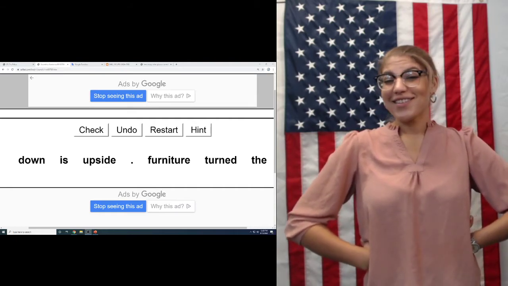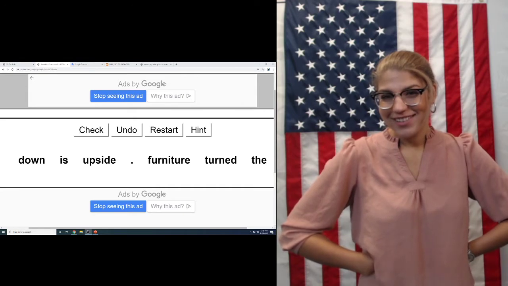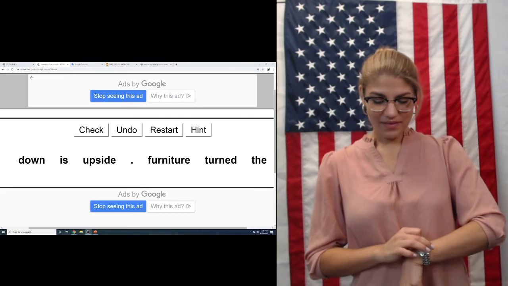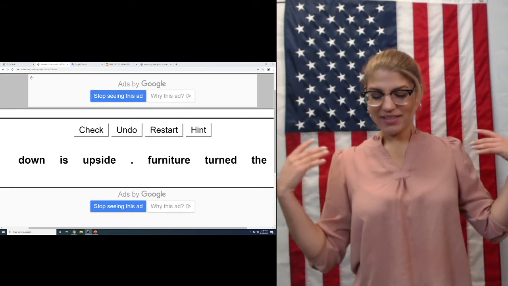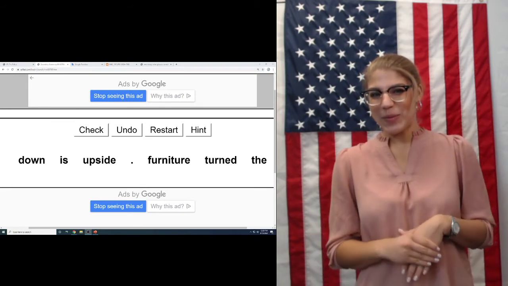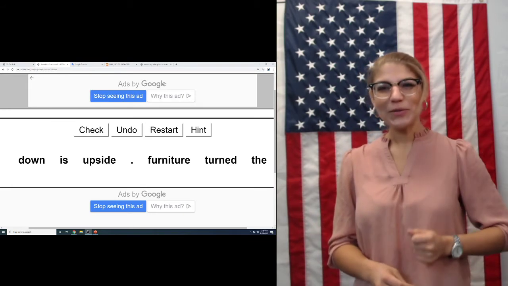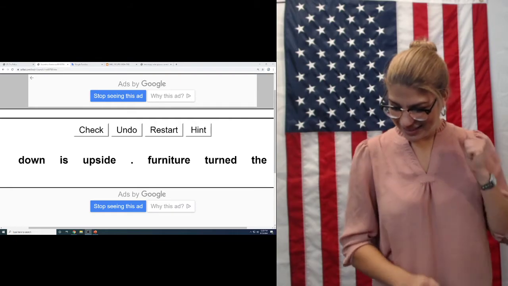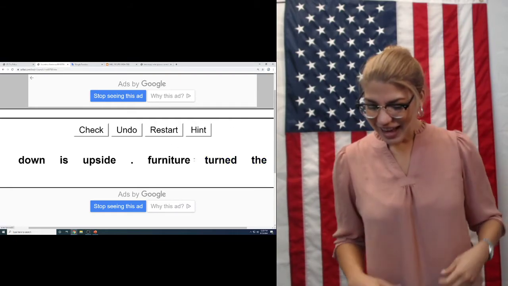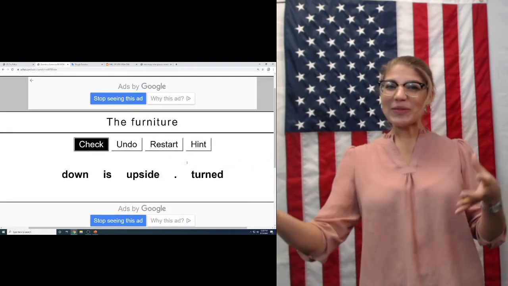What is the action? What is the time? And what is the location? Miss Carlita and Miss Maria both gave me the answer. Excellent job, guys. The furniture is turned upside down.